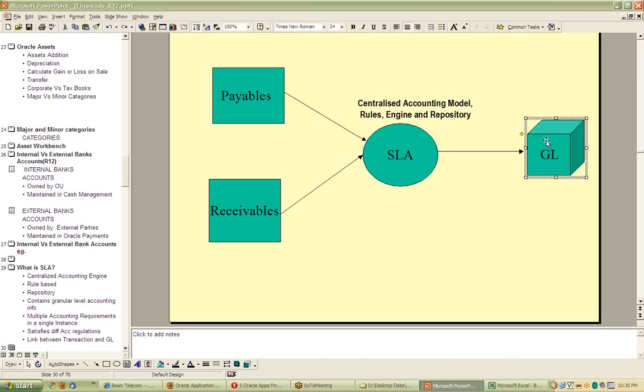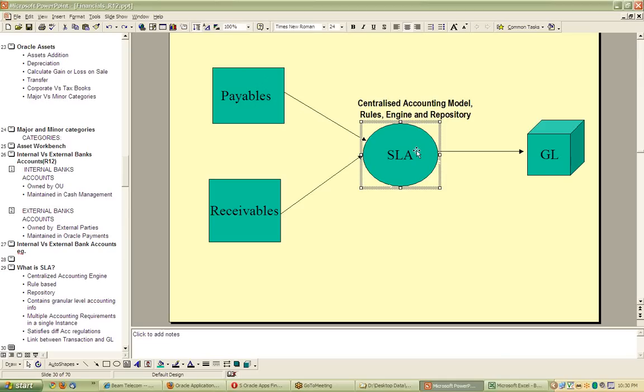General ledger is here, payables is here. Now, whenever payables clicks on Create Accounting, what that program does is it will directly go to subledger accounting, and in subledger accounting it will search. They have various combinations by which they search.